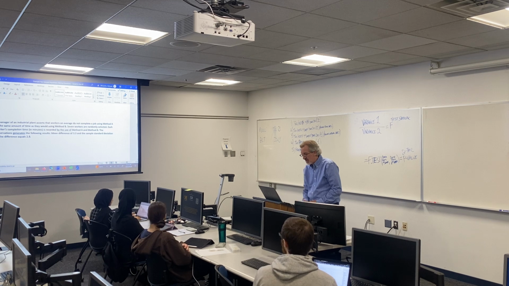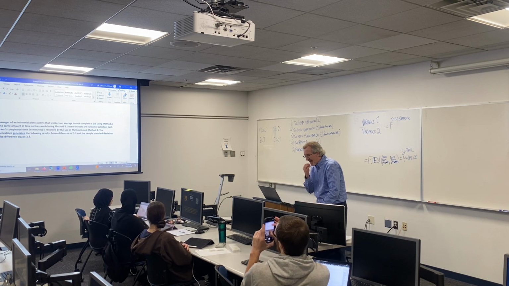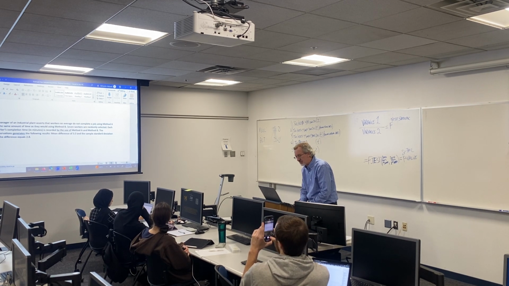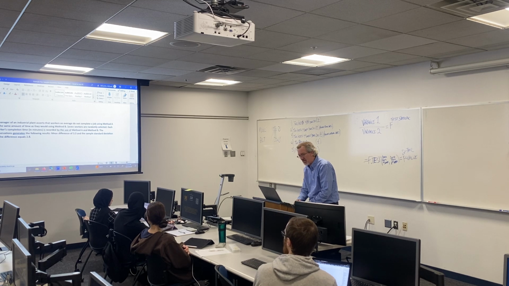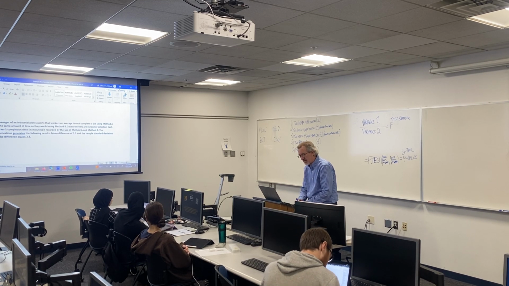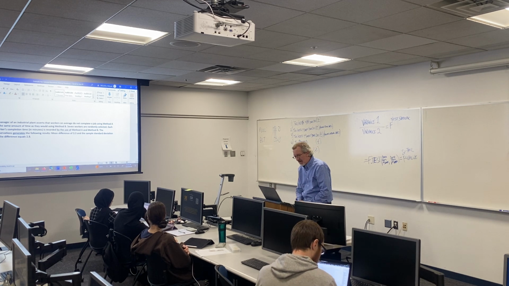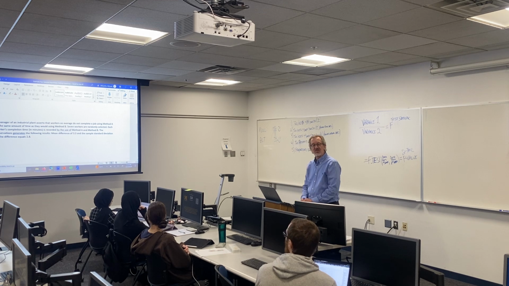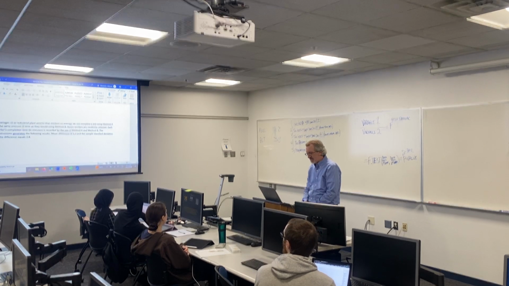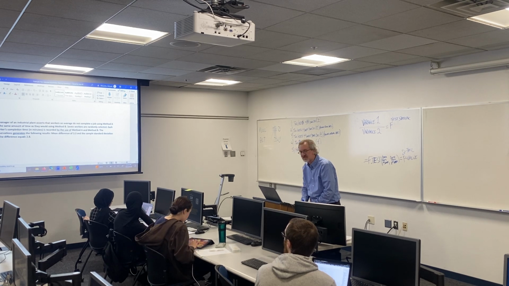Here goes another. A manager of an industrial plant asserts that workers on average do not complete a job using method A in the same amount of time as they would using method B. Let me stop right there. 1 tail, 2 tail? They would not complete the job in the same amount of time.